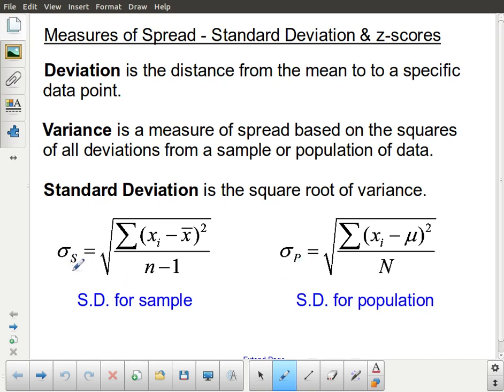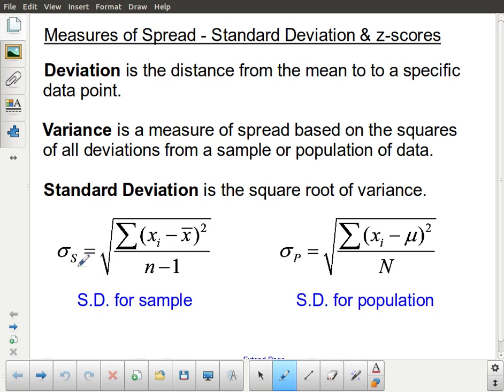A sample means that you are not working with the entire population, and it just changes your calculation a little bit. You can see here when I'm dealing with the standard deviation for population, I end up dividing by the number of items in the population. When I'm dealing with the standard deviation for a sample, I actually subtract 1 from this denominator, which is going to make this overall result just slightly larger.